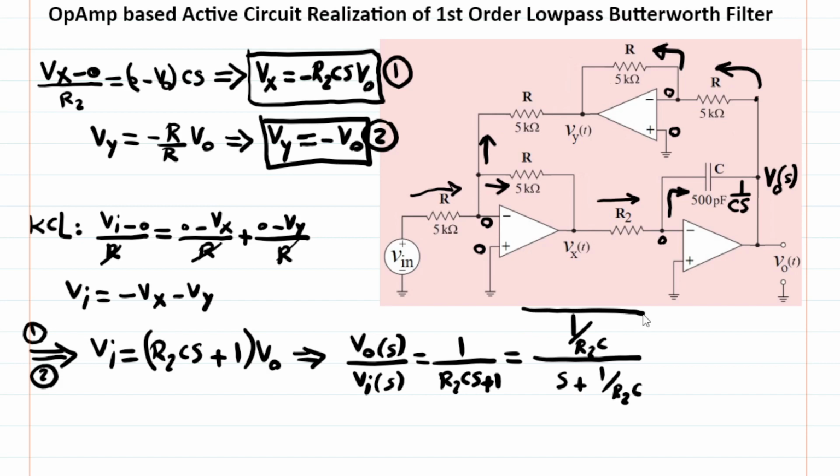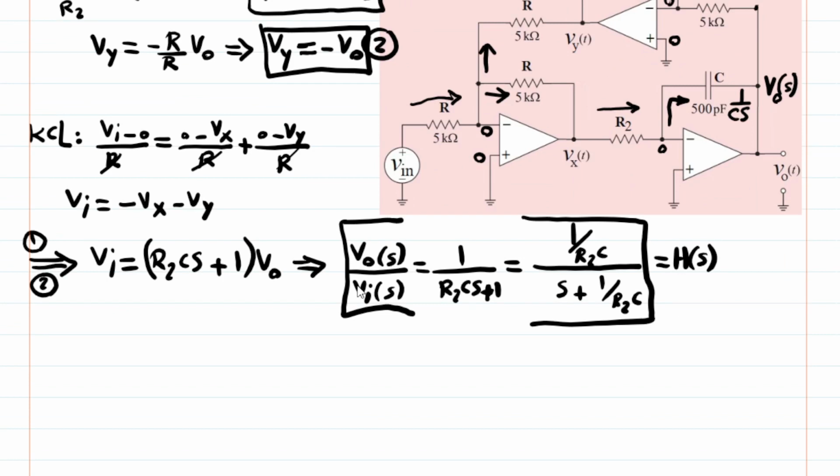So this is the transfer function that we were looking for for this first order Butterworth filter. Effectively this is our H of S, and with this we conclude that the cutoff frequency omega C is simply equal to 1 over R2C.